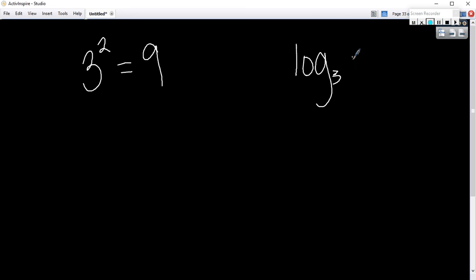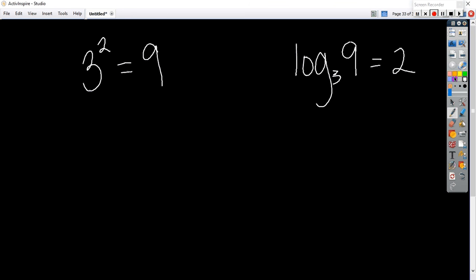Logs always equal exponents. So it's log base 3 of 9 equals 2. That's just changing forms right now. We're going to do a lot more with it. But right now, logs equal exponents.